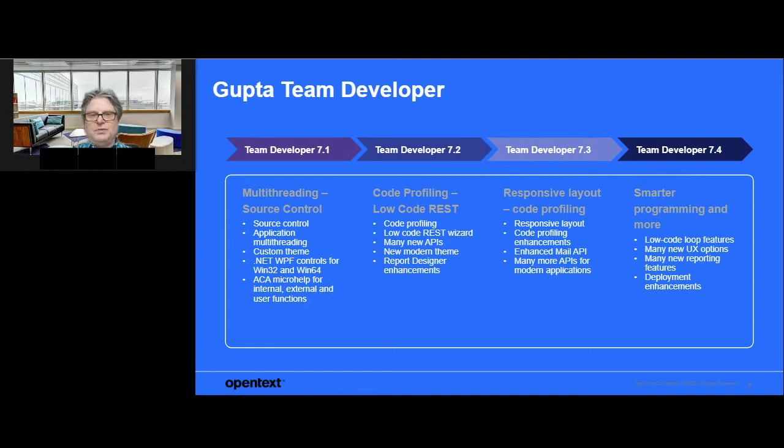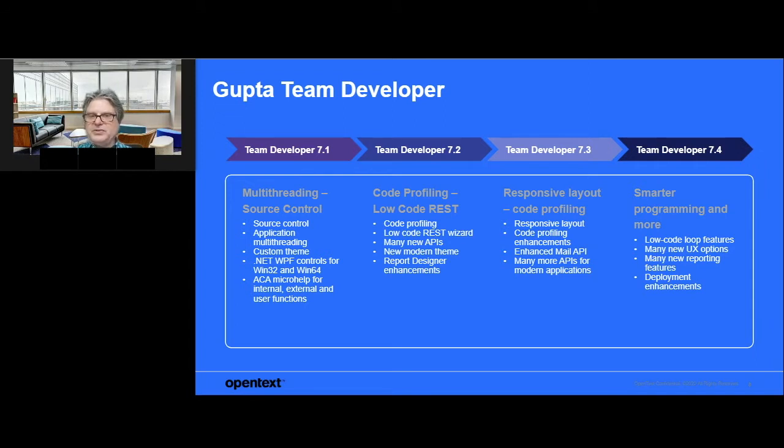Low-code REST was in 7.2, so you can basically call REST services with just providing the JSON response there. And we will analyze that response so that we will create a functional class or a data class basically that contains exactly the data structure that the JSON service returns.